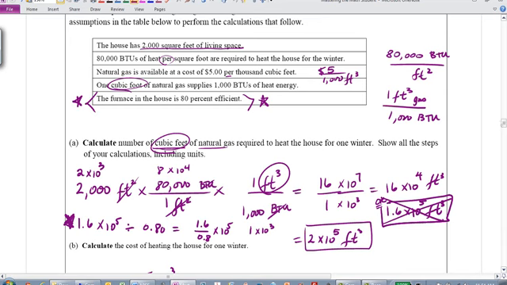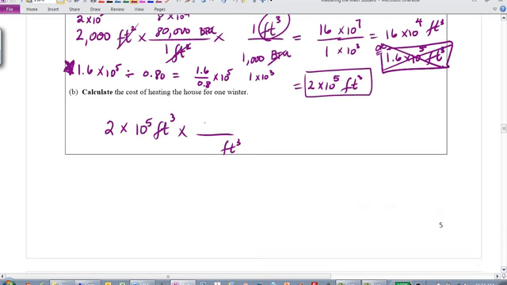It was $5 per 1,000. That's 10 to the third, so that's written over and understood 1. So what is 2 times 5? That's $10 times 10 to the 5 minus 3.